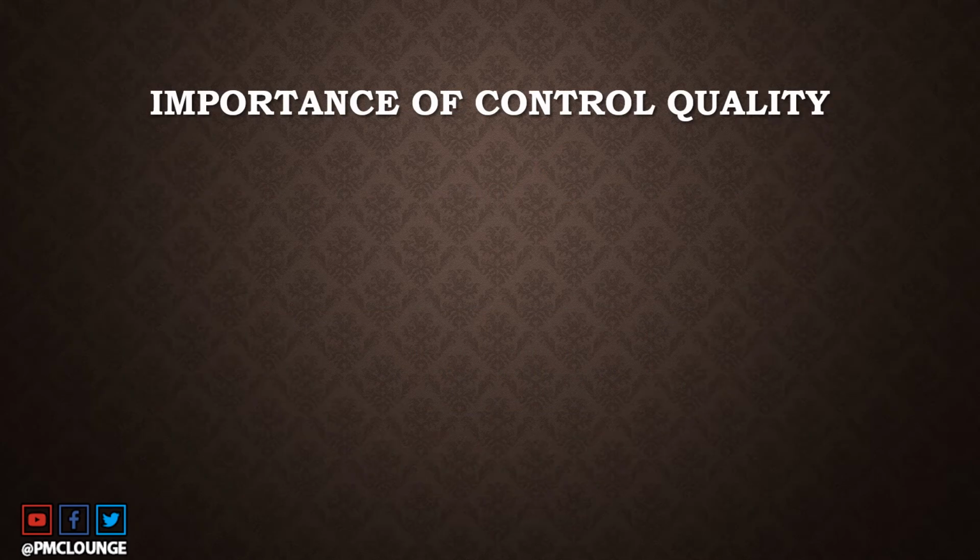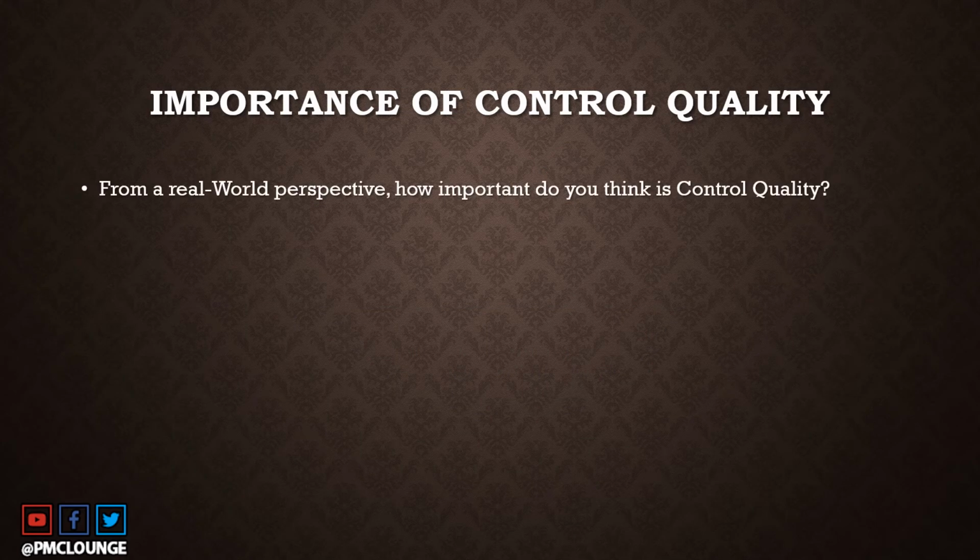Now let's try to understand the importance of this process specifically from a real world perspective. How important do you think control quality is? How important do you think this process really is? Now, like we just discussed, this is a process in the monitoring and controlling process group. And processes in this process group have something to do with measurements.